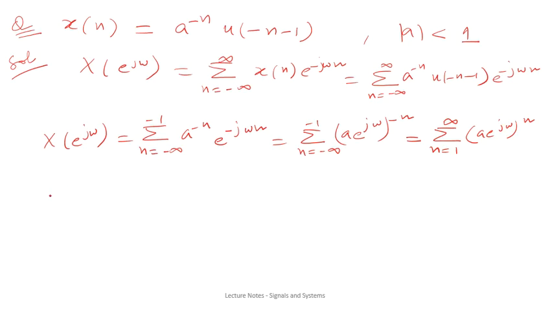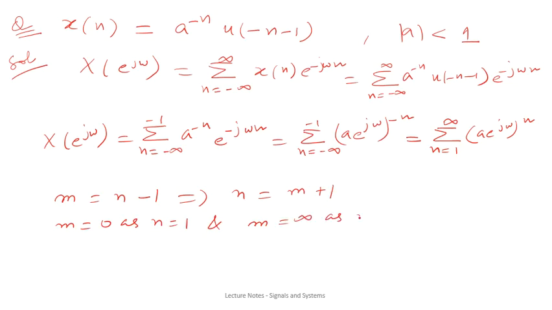Just assume that m equals n minus 1, so again n will be equal to m plus 1. So m equals 0 as n equals 1, and m equals infinity as n equals infinity.